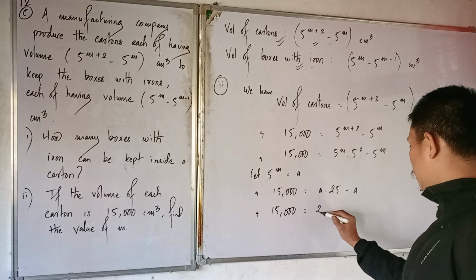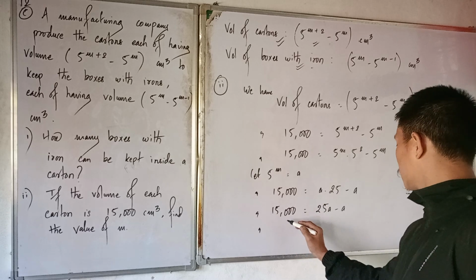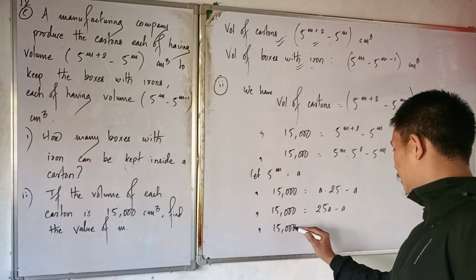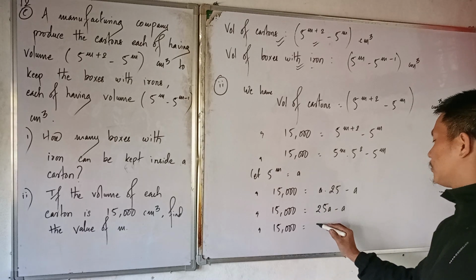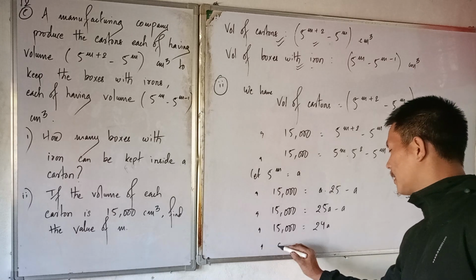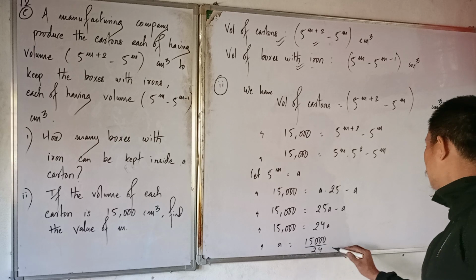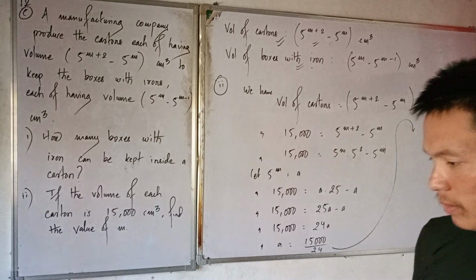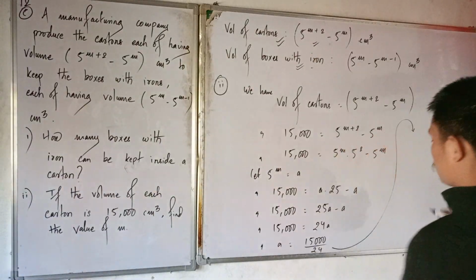15,000 equals 25a minus a, that will be 24a, or a equals 15,000 divided by 24. What will be the value of that? 15,000 divided by 24 will be 625.